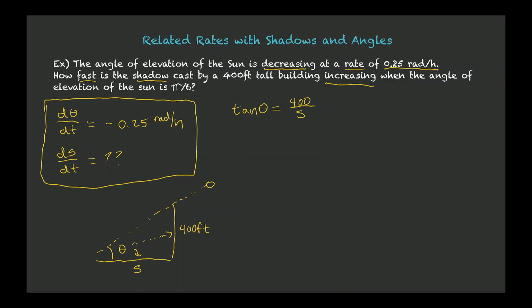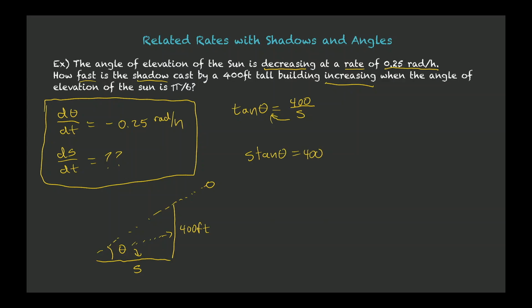So now this is an expression that deals with the angle theta and the length of the shadow, s. But we can simplify this a little bit, and it'll make our lives easier when we do our next step of taking the derivative. Since I'm trying to figure out ds dt, it would be nice if s was by itself and not in the denominator of a fraction. I can do this by cross multiplying, and we get s times tangent of theta is equal to 400.